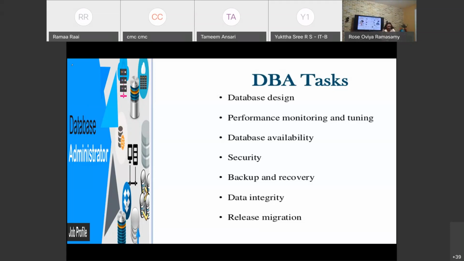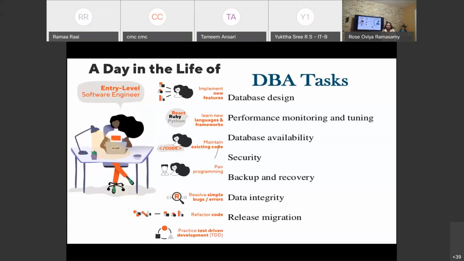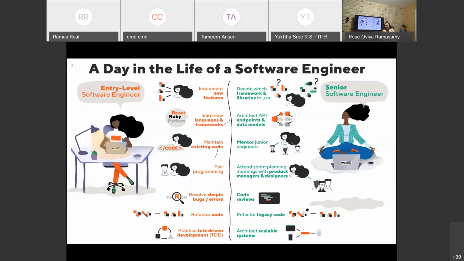Okay. Now, what does the software engineer do? So as IT professionals, even as a beginner, just think in your mind, let me be a software engineer. Okay. Now, what do they do? They apply the knowledge of computer science and mathematics to create and improve new software.